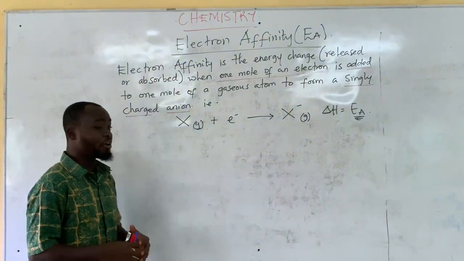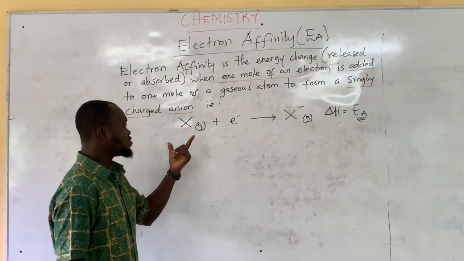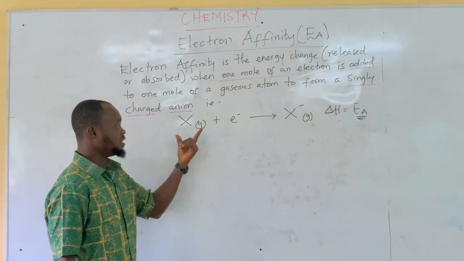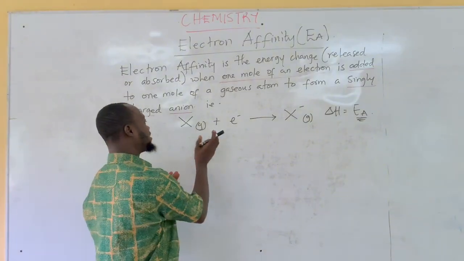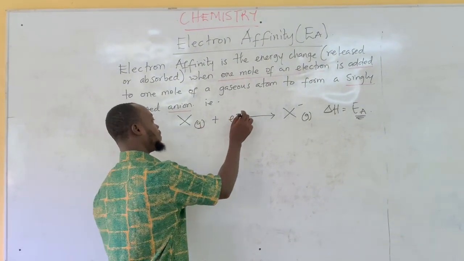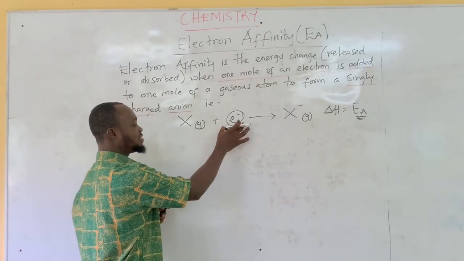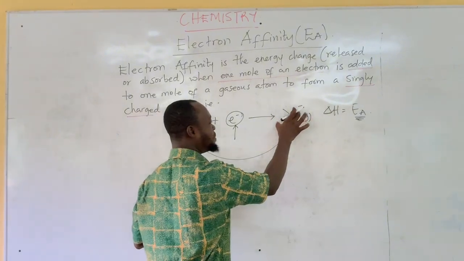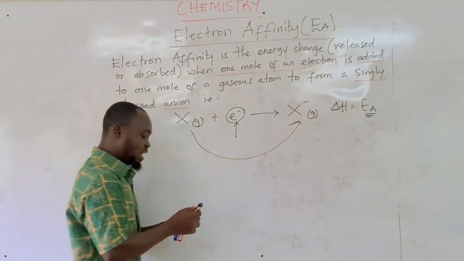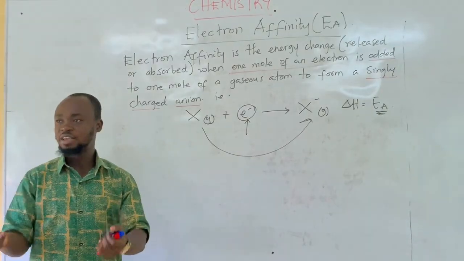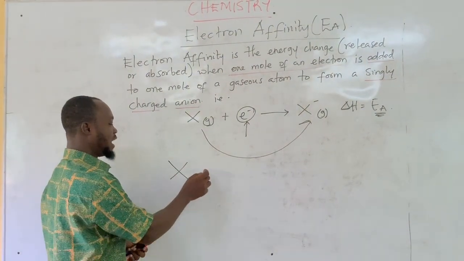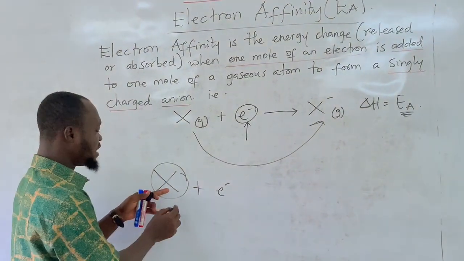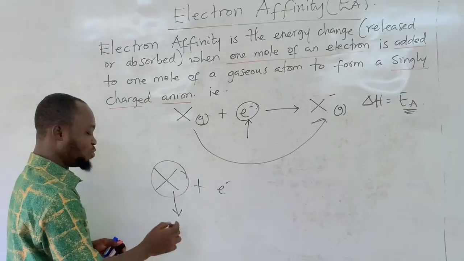For example, if I have an isolated gaseous atom, say X, once I add an electron to it, the e minus we see here is the additional electron I'm adding to X. Once the electron is added, X changes to X minus. That is a basic idea in ion formation: X has gained an electron and has changed from the neutral atomic state to the ionic state.